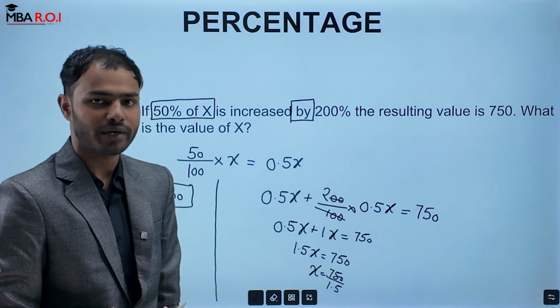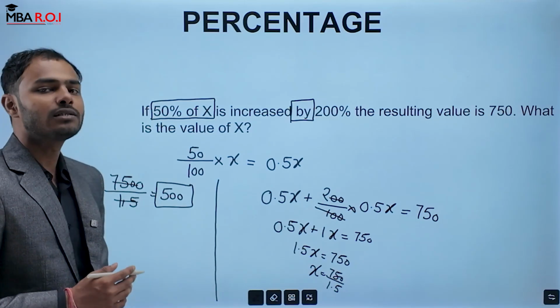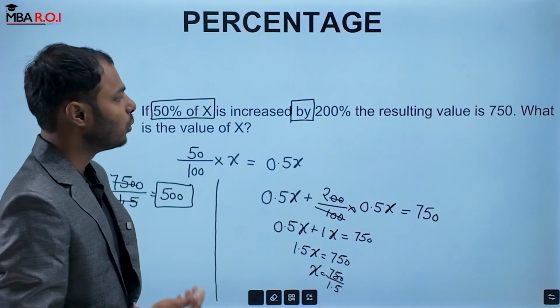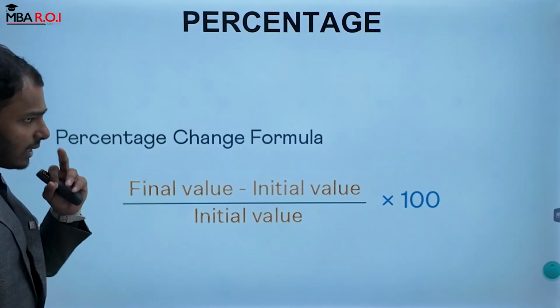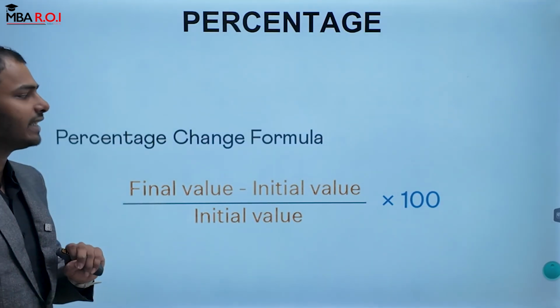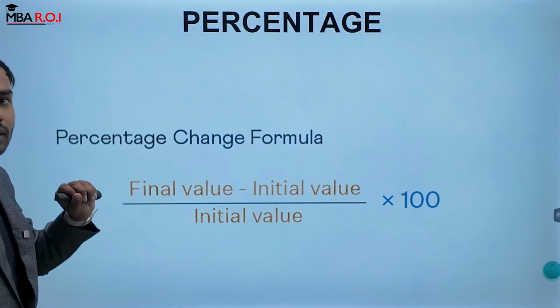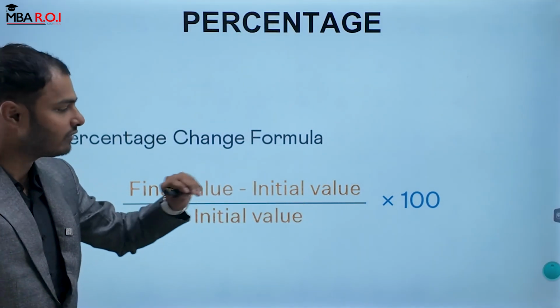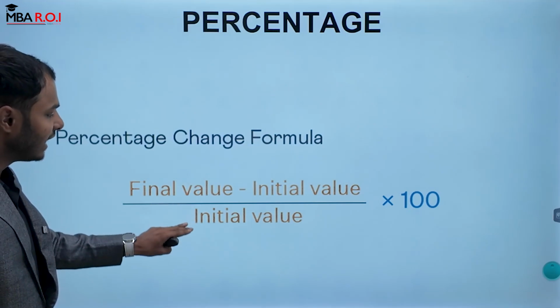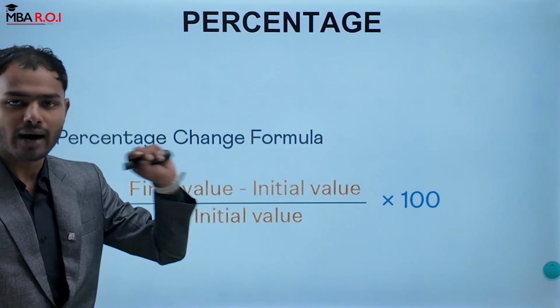I hope you get this question. Now let's move on to the next part, which is percentage change. This is the formula to calculate percentage change. The formula is (final value minus initial value) divided by initial value, into 100.